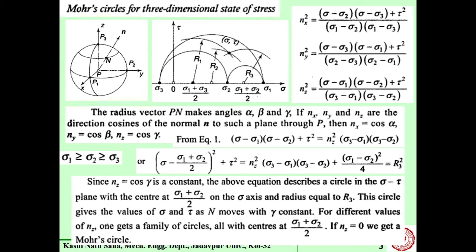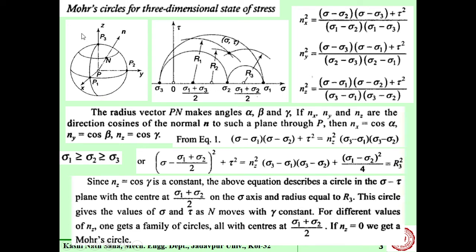Now, before discussing further, you observe one thing. What is this nx, ny and nz? Actually, this is basically the direction cosine of this outer normal. Now, this outer normal is for Mohr circle. For Mohr circle, these directions are 1, 2 and 3.